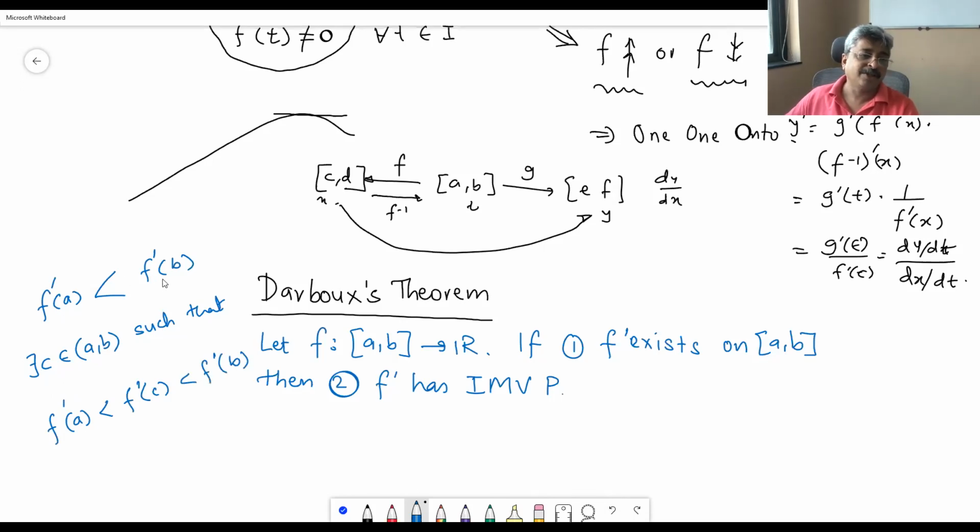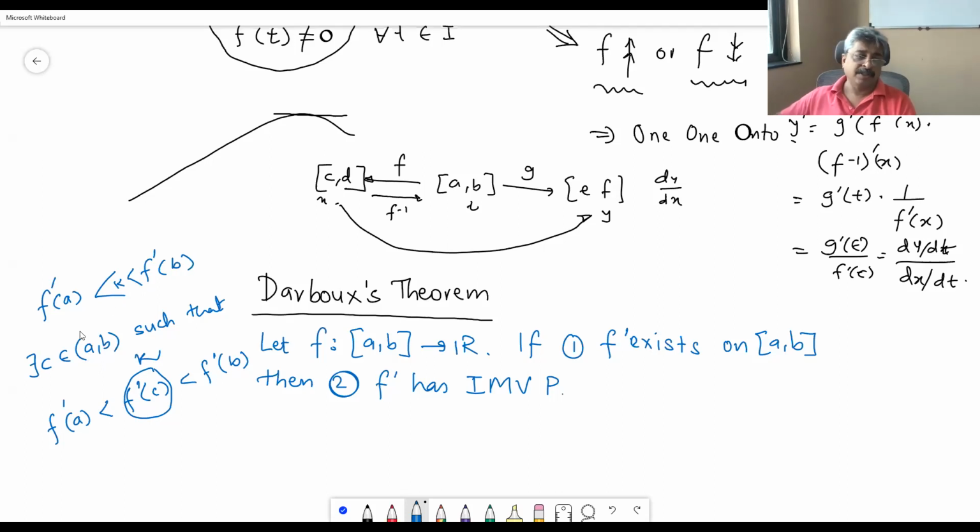Suppose f dash of a and f dash of b are not the same values, so there will be many values between these two. Suppose k is a real number. Suppose f dash of a is less than k is less than f dash of b, then there exists c in the open interval (a, b) such that f dash of c equals k.